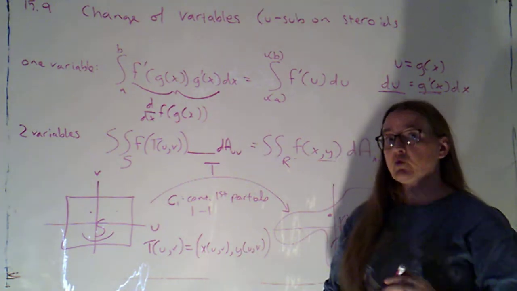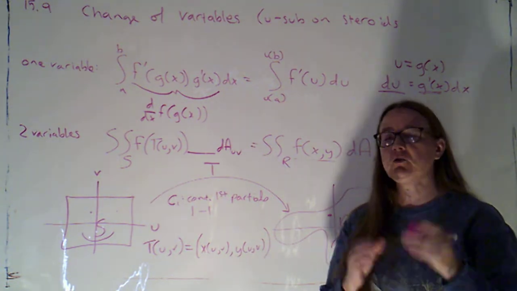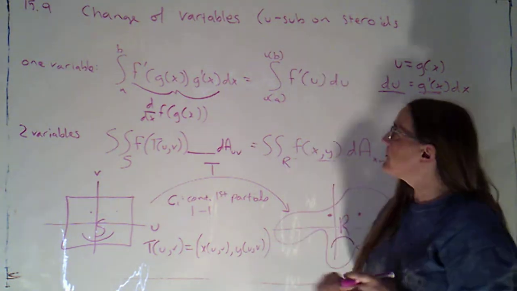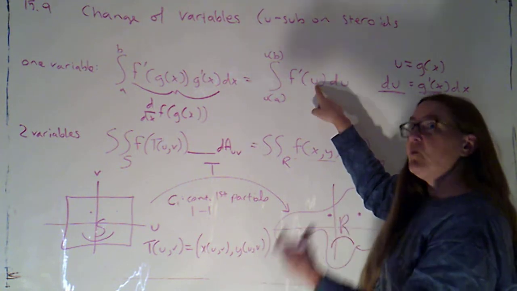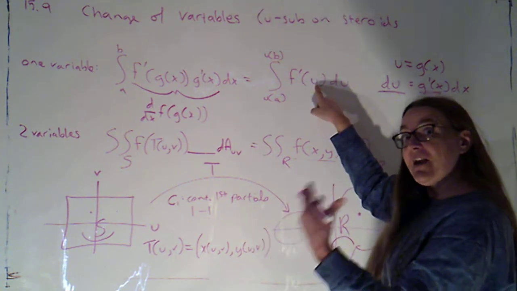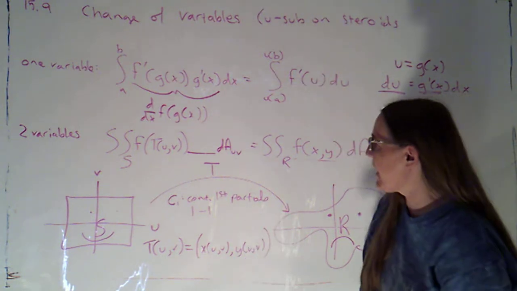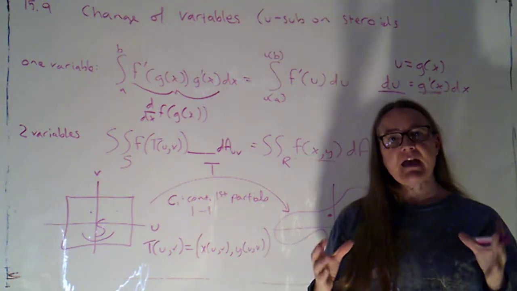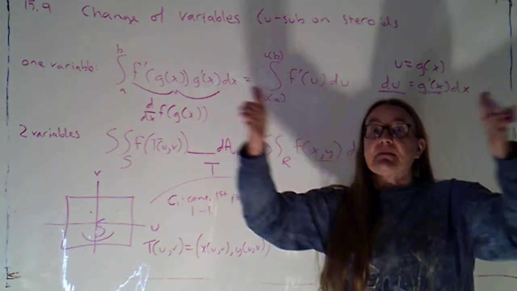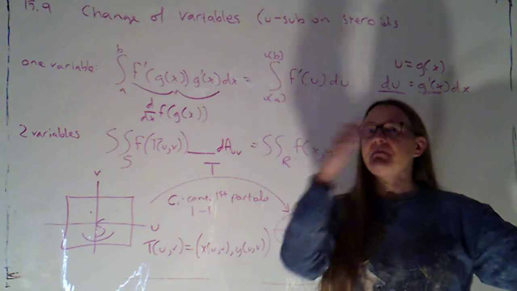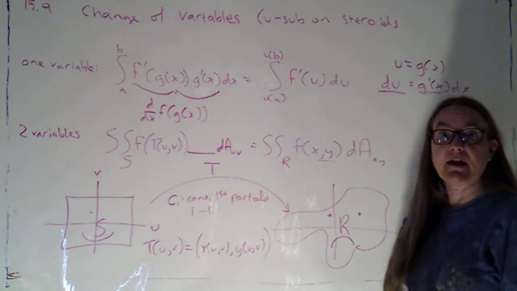If you think about a trig substitution, that's another one of these inverse substitutions where rather than introduce a new variable as a function of the old, we introduce a new variable, and the old variable is a function of that in some way. And when we do that, your dx expands into something being multiplied by d theta. So the same thing is going to be going on here.